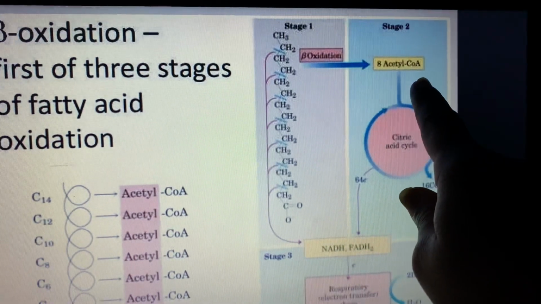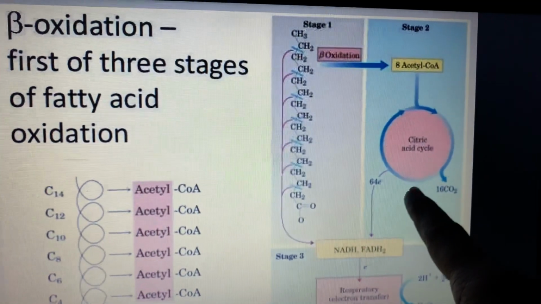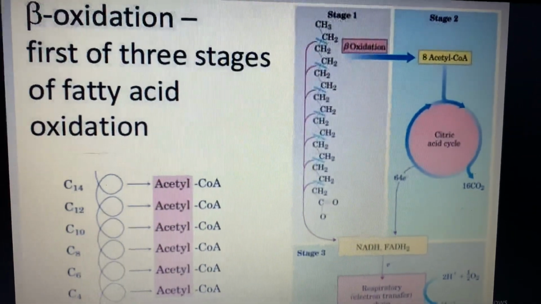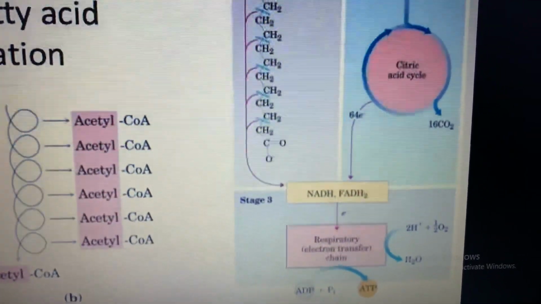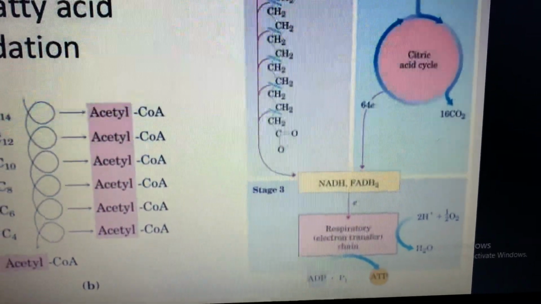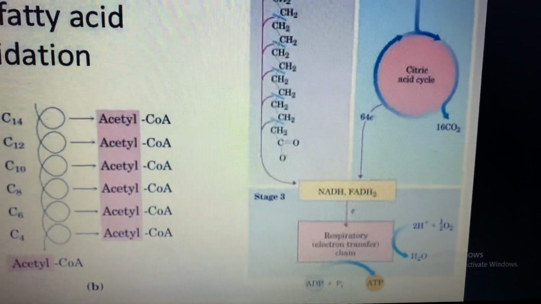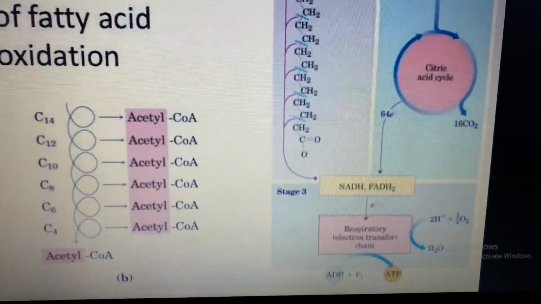In the next step, acetyl coenzyme A enters the citric acid or Krebs cycle, where carbon dioxide is produced, and in stage 3, the respiratory process occurs through the electron transport chain, and a huge amount of ATP is released.